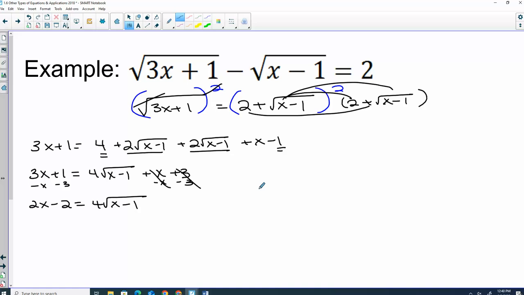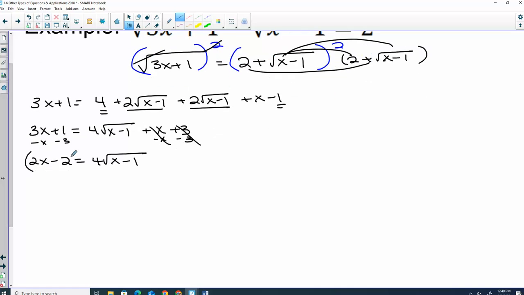What do we want to do from here? Square. Okay. So on the left, we have two terms, so you have to think about it as FOILing. So you get 4x squared minus 4x and minus 4x and minus 8x plus 4.